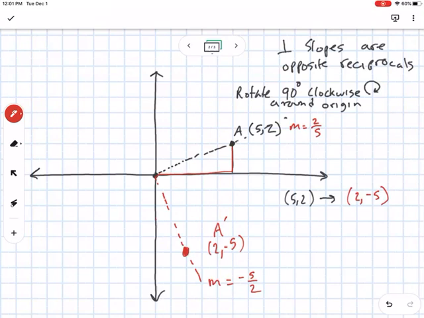So you can do a little logicking. I don't know if that's a word, but I'm going to use it right now. If you're looking at point A and you know it rotates 90 degrees clockwise, you know it's going to end up in quadrant 4, right? It started in quadrant 1. And if you know the 5 and the 2 are going to switch to a 2 and a 5, by logic, the 2 has to be positive and the 5 has to be negative. So that's another way of thinking about this.